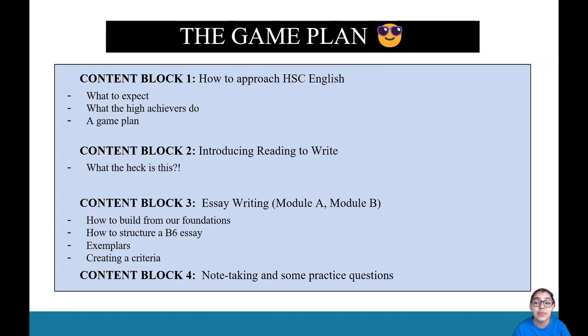Content block 2 will look at a module specifically, and we're going to look at introducing reading to write, which is one of the key modules in year 11. We'll go through what it is, what it involves, what you have to do, and so on. And then content block 3, we're going to focus specifically on essay writing. We're just going to focus on the foundations of essay writing, and you can then apply that knowledge to both module A and module B. And we'll look at how to build from our foundations, how to structure a band 6 essay.